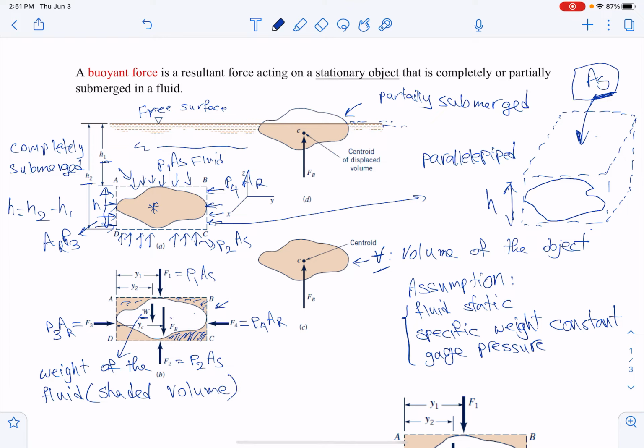And FB, that I just drew here, FB is the force that the object exerts on the fluid.